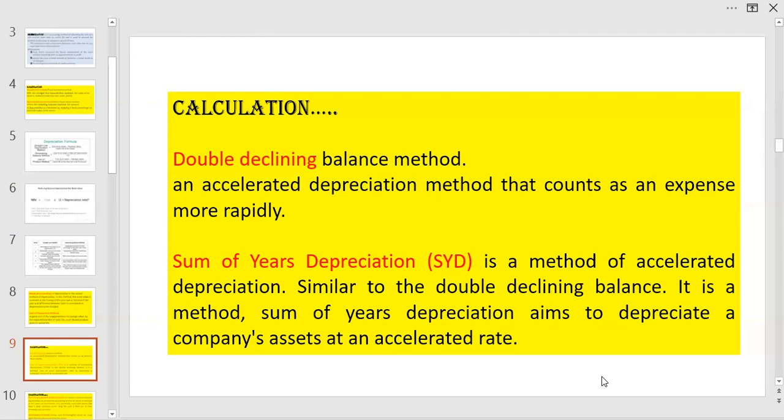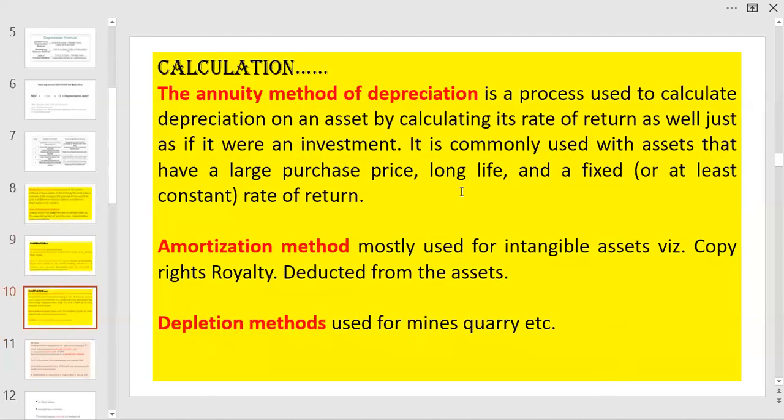The next one, the annuity method of depreciation. In this, the amount spent for the purchase of the asset will be presumed to have been invested in an investment. Anticipated income from that investment will be considered as depreciation amount.